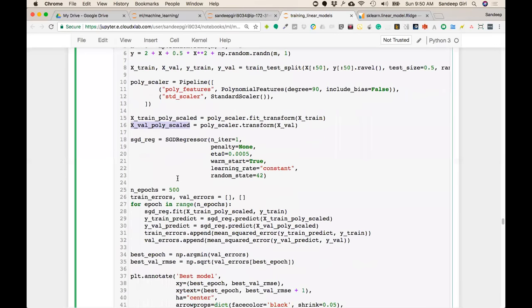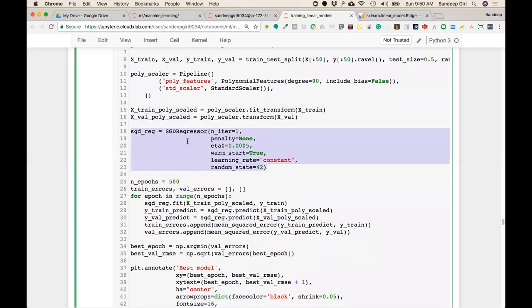Here we are calling this SGD regressor. We are saying that number of iterations is 1, penalty is none, and eta0, the initial eta, is 0.005, and warm start is true.